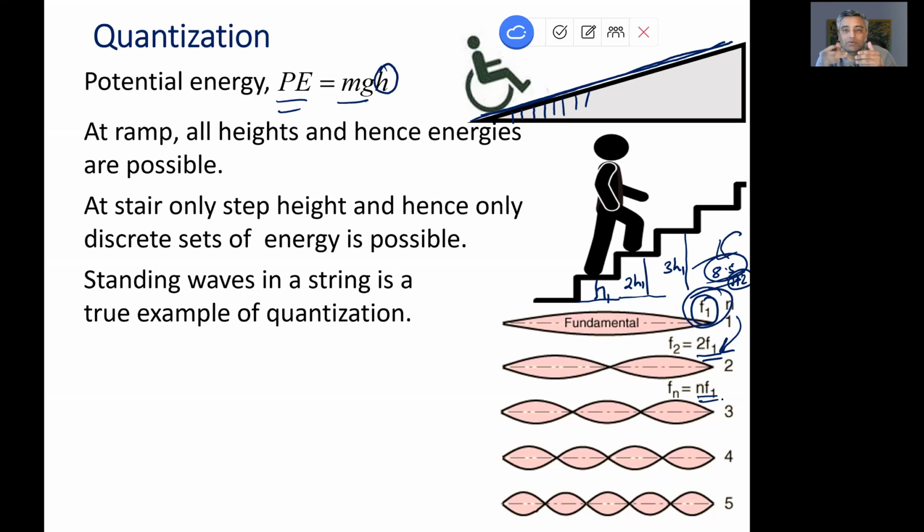And mostly this quantum phenomenon occurs at atomic scales. We cannot observe quantum phenomena in the motion of larger objects. For example, when we are walking, we don't observe that, okay? But when an electron is orbiting around, it exhibits quantum phenomena.